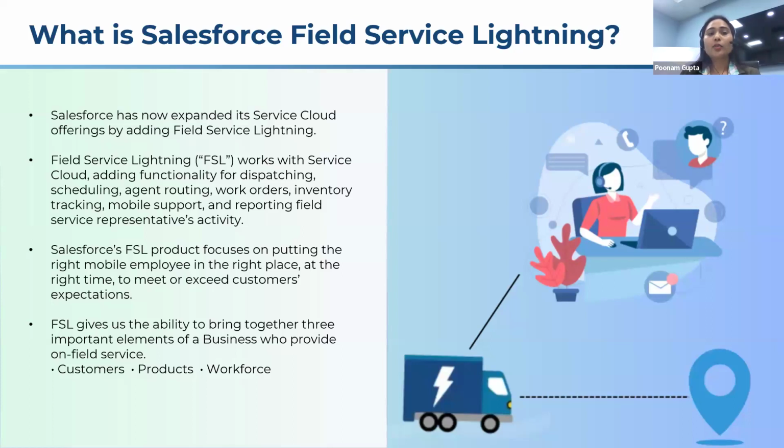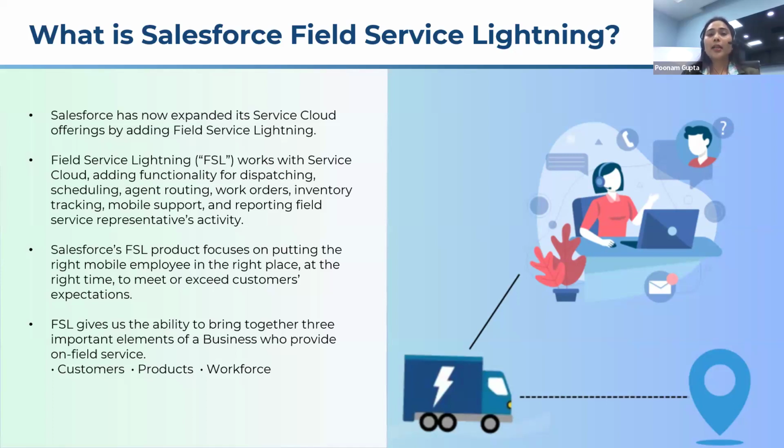Through Field Service Lightning, we can track each and every activity of every role which is going to perform in Field Service Lightning. Also, we can track the inventory stocks. Also, it provides functionality which we are going to support through mobile, dispatching the order, scheduling the order, or real-time activities.